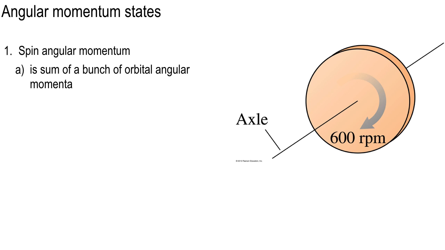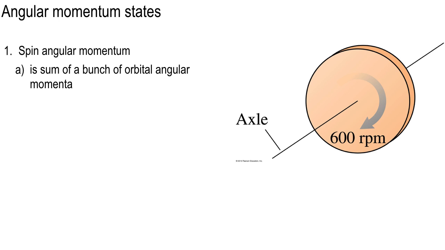Now, the spin angular momentum is actually the sum of a ginormous number of MRVs for a rigid object. Because it's a rigid object, they're all hooked together by intermolecular forces. It's rigid.